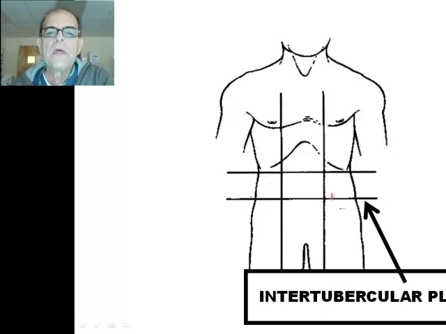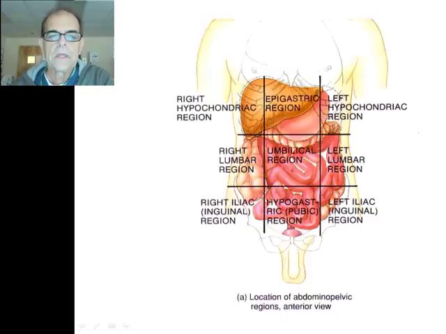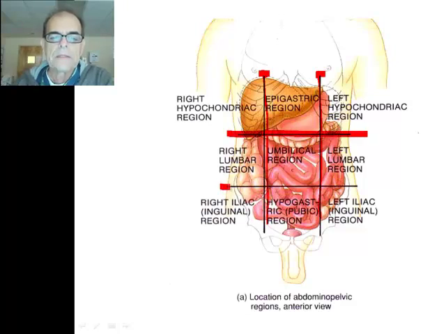The landmark for the intertubercular plane is the hip bones. You can see here the midclavicular line, sagittal plane, midclavicular line, transpyloric, and the other that is the hip reference.